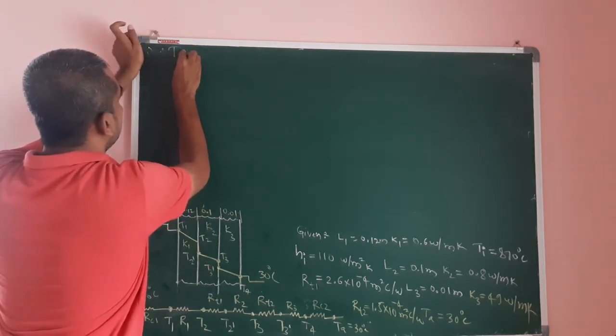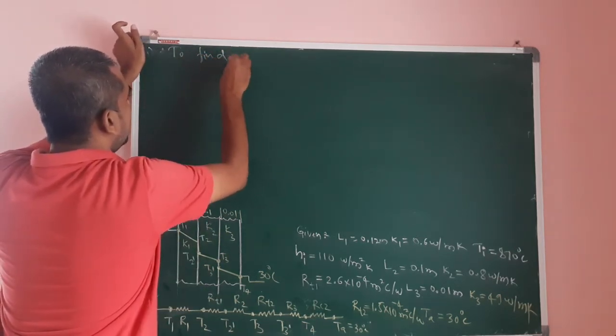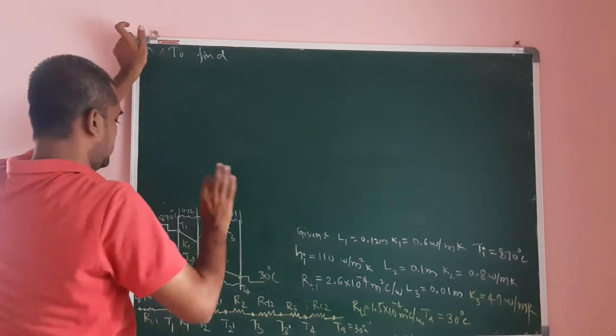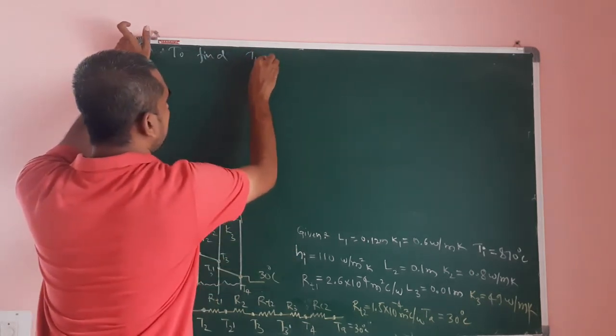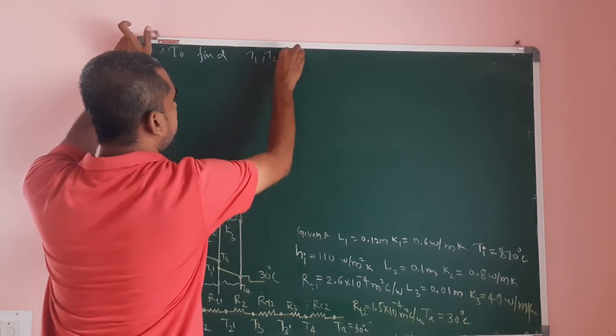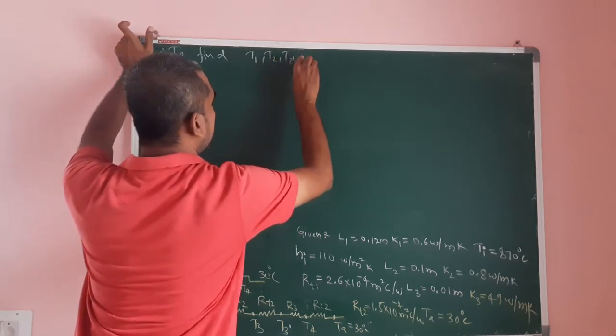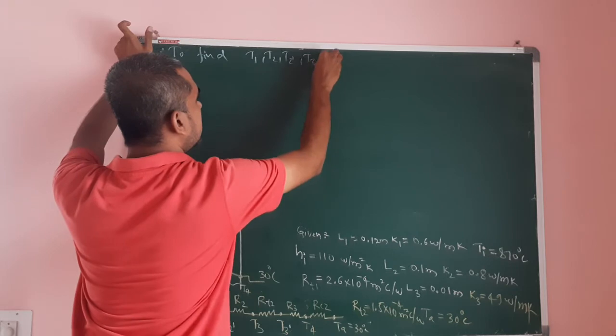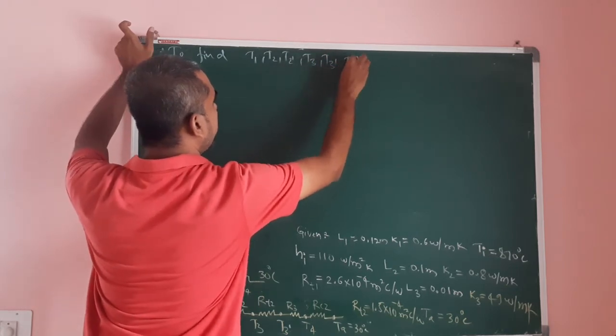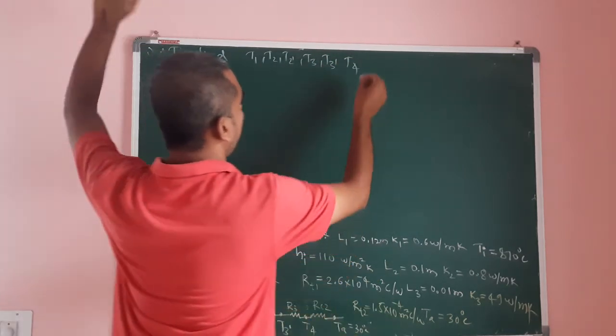To find these, we have to find the temperature at all the interfaces. That is, we have to calculate T1, T2, T2 dash, T3, T3 dash, and T4.